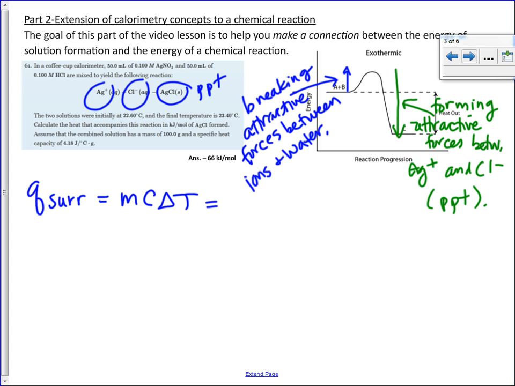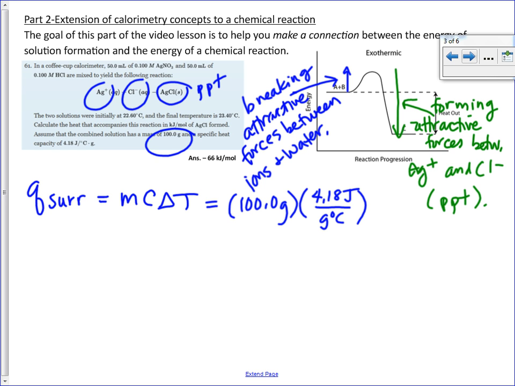And if you look in the question, it's giving you permission to use the mass of all the contents as 100 grams. And this is because you've got about 100 milliliters of solution and it's mostly water. So we're just going to make that assumption. And it also gives you permission to use the specific heat of water as that of the solution.